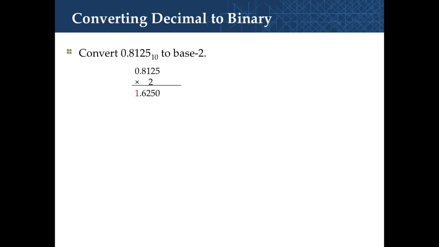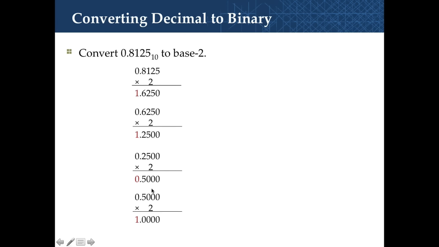So 1 is my first bit. I now multiply the 0.625 by 2 and I get 1 as my second bit. I now multiply the 0.25 by 2 to get 0.5, and this is a 0 over here. And now I multiply the 0.5 by 2 to get a 1, so it's 1, 1, 0, 1.